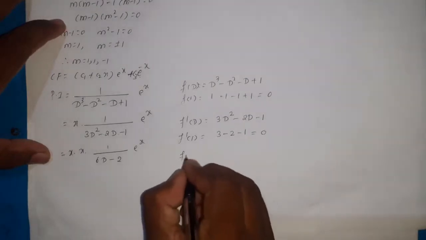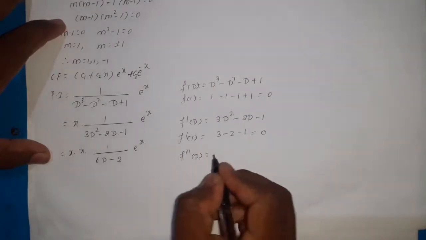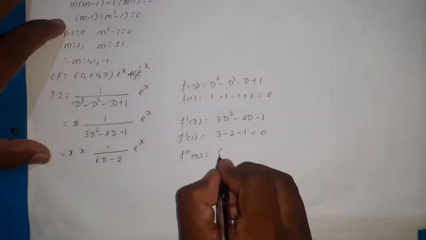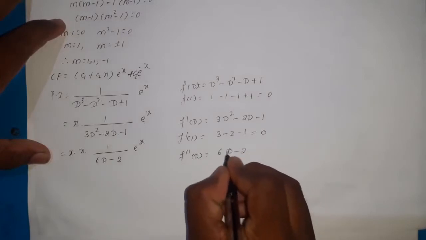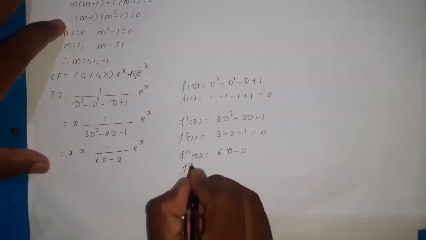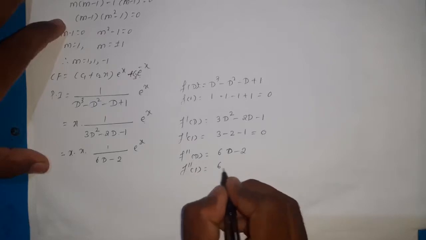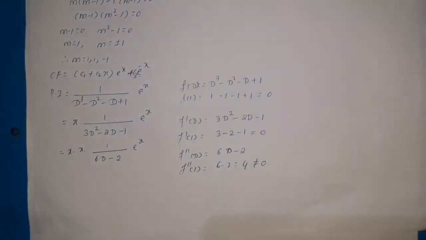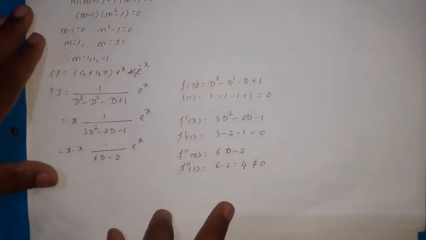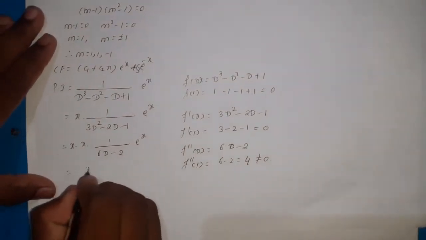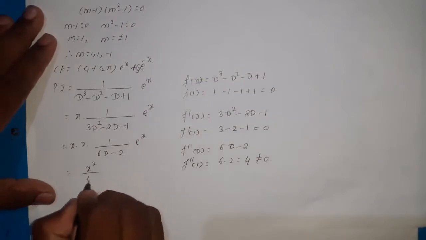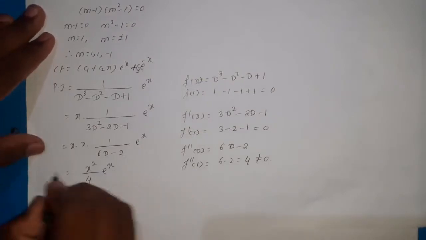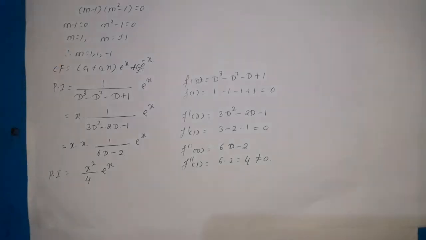Now f double dash of D is 6D minus 2. Then f double dash of 1 is 6 minus 2, which is equal to 4, and it is not equal to 0. Then put the value of D. Then x square divided by 4 e power x is the particular integral.